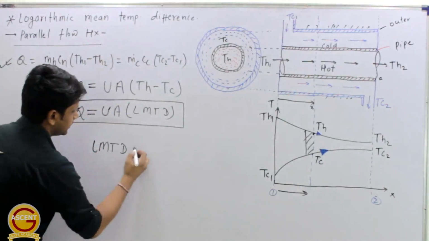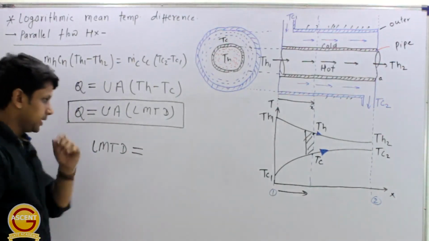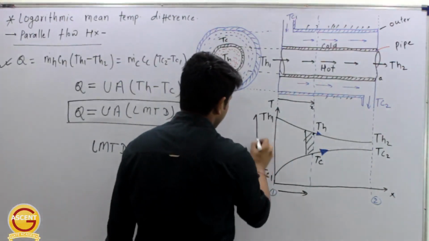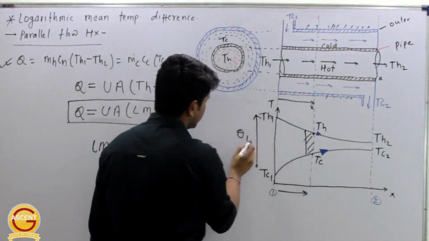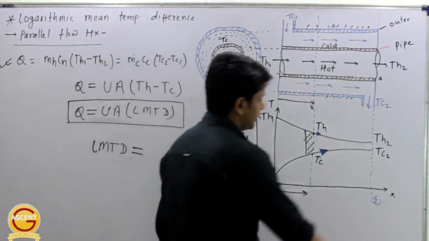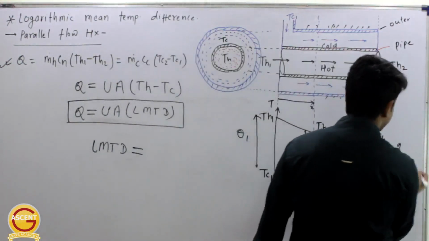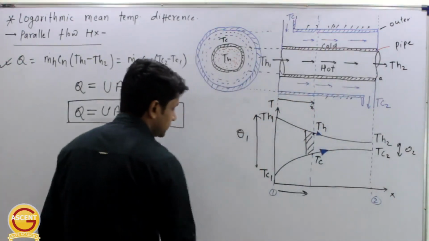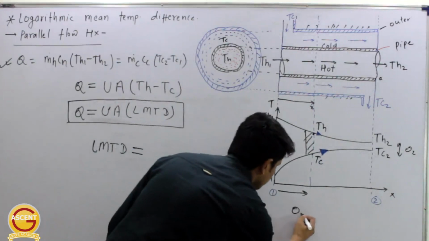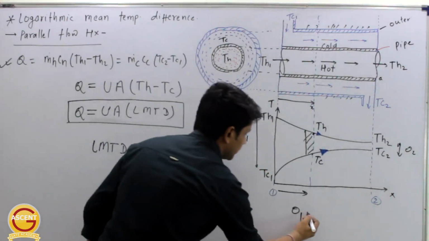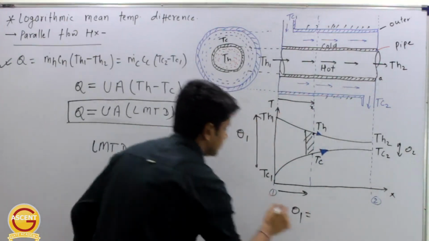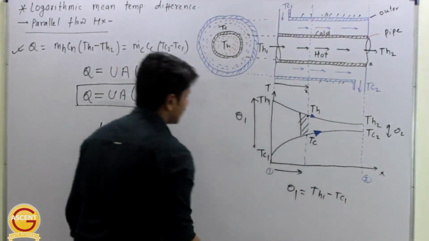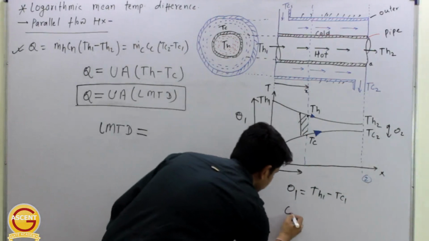Now this LMTD is equal to, see, we have discussed what the temperature difference is here. It is theta 1, where 1 is the suffix for inlet, and what is the temperature difference here? It is theta 2. Let's write it down. What will be theta 1? It will be TH1 minus TC1. And what will be theta 2?